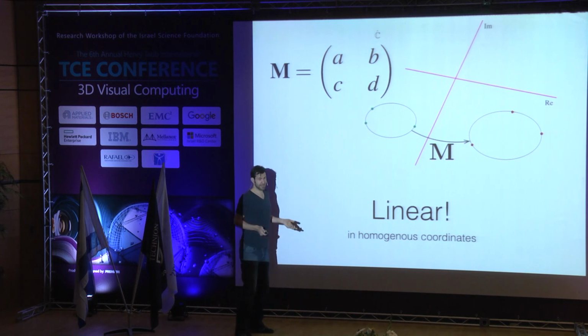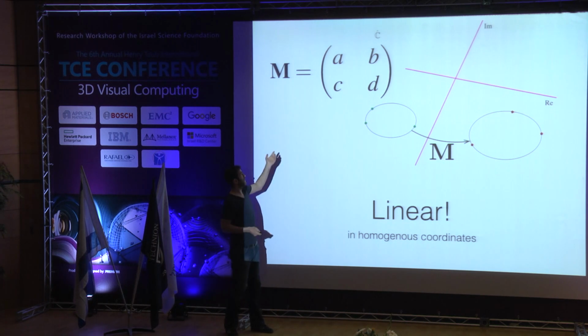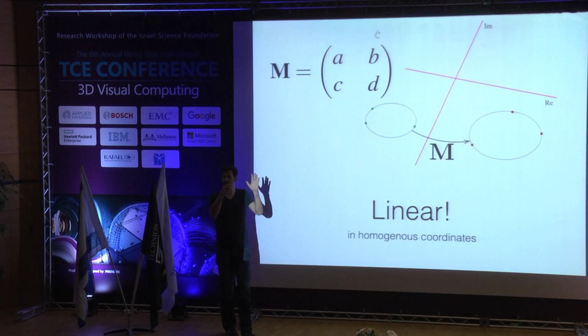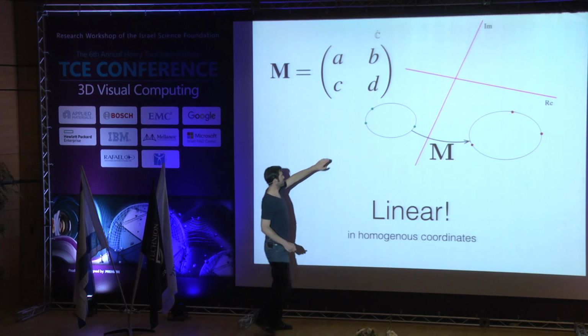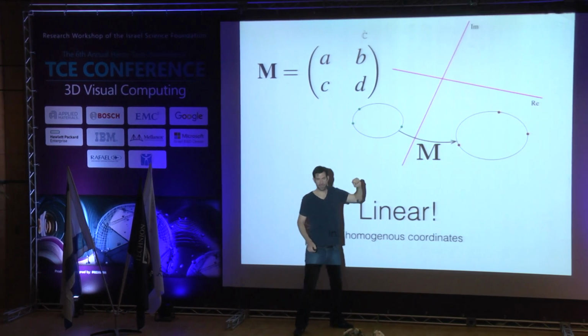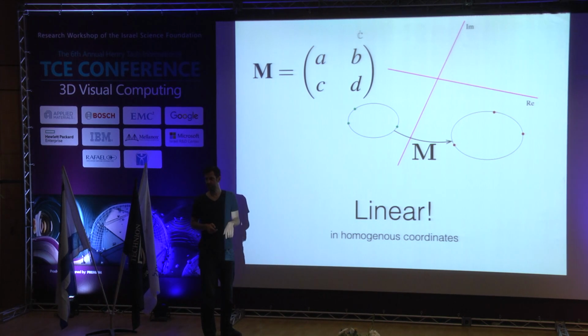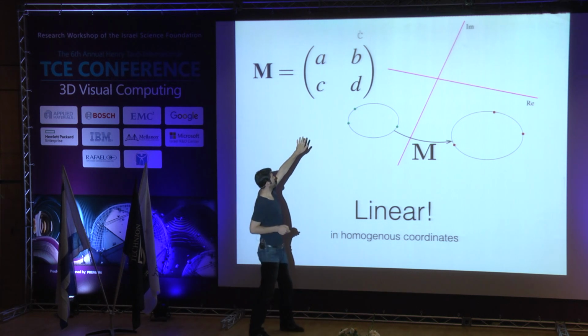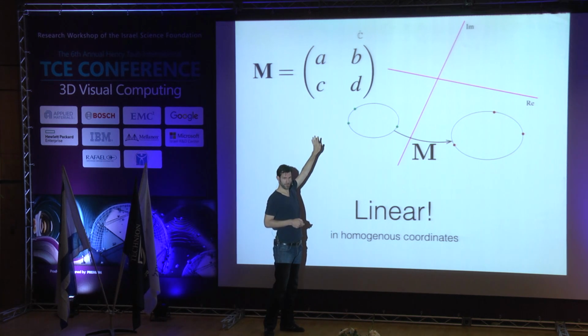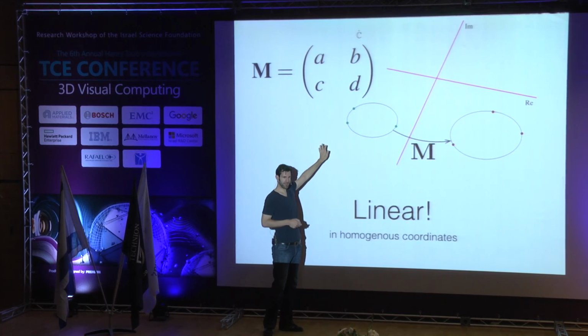So what's the easiest mapping I can think of? It's a linear mapping. So I take my homogeneous coordinates for these points, and I multiply them by a 2 by 2 complex matrix. And if I do the counting, this matrix actually has 8 degrees of freedom. 4 complex numbers, 8 degrees of freedom.